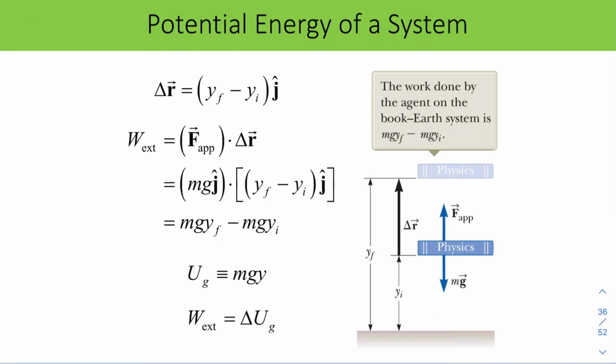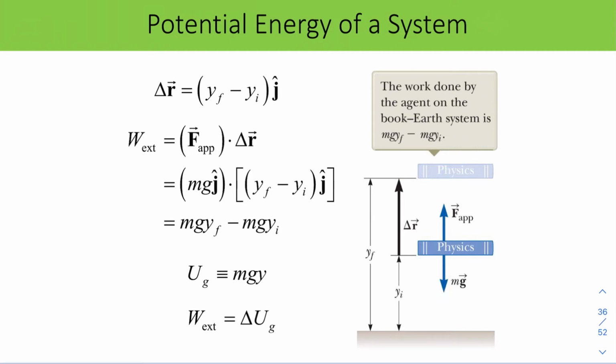Okay, next subtopic is potential energy of a system. Let's take a look at this figure. We have a physics textbook with F applied on it, which is upward, and its weight downward, always toward the center of the earth.